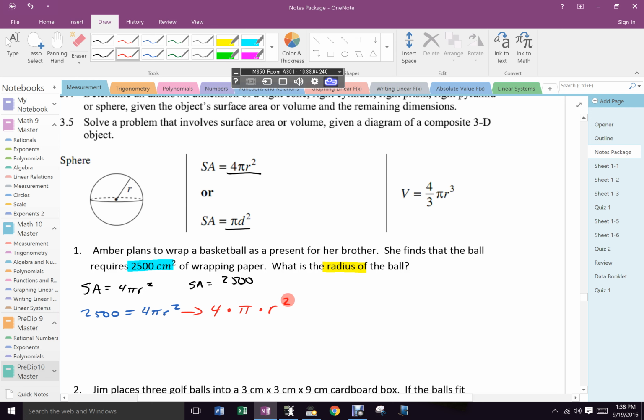So what do I have to do to get r by itself? I have to divide by what? 4 and pi. Are you with me? So, I divide by 4 pi.